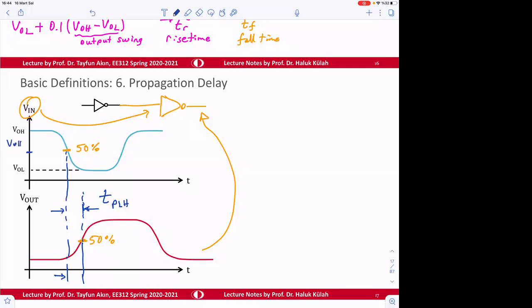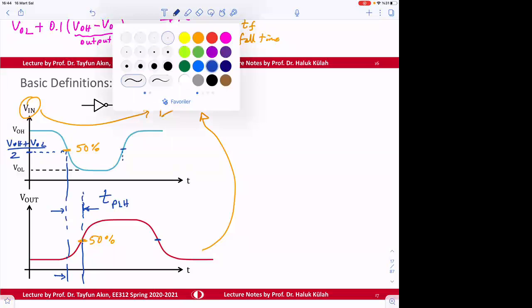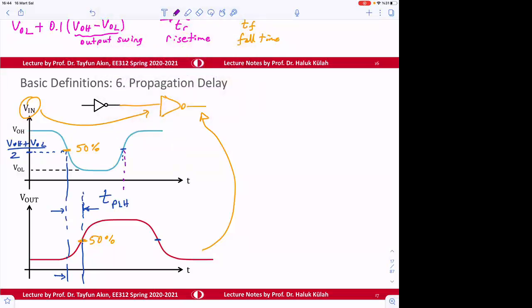So we take output high plus output low, divided by 2, and that is this 50% point. Okay. So similarly here, there are 50% and 50% points. So maybe this one. Okay, this delay is going to be called T propagation high to low.